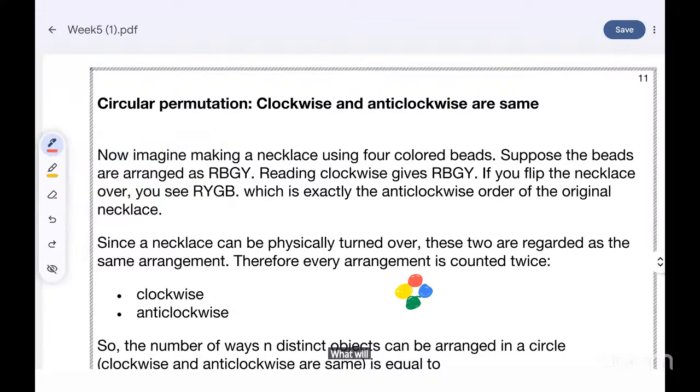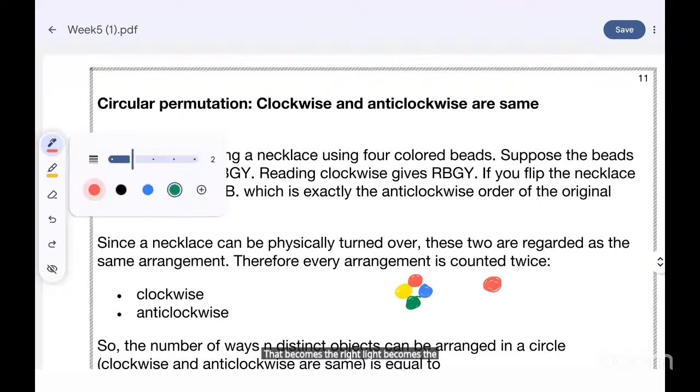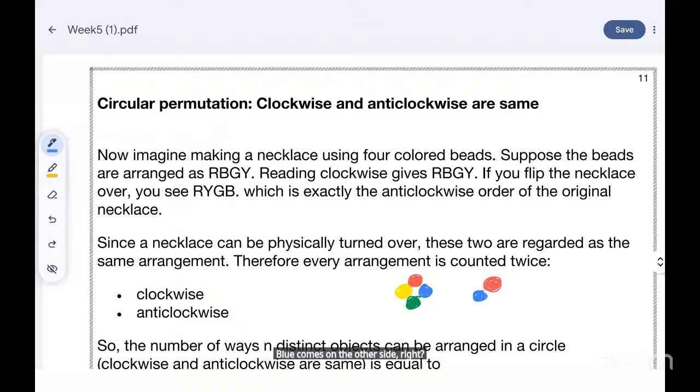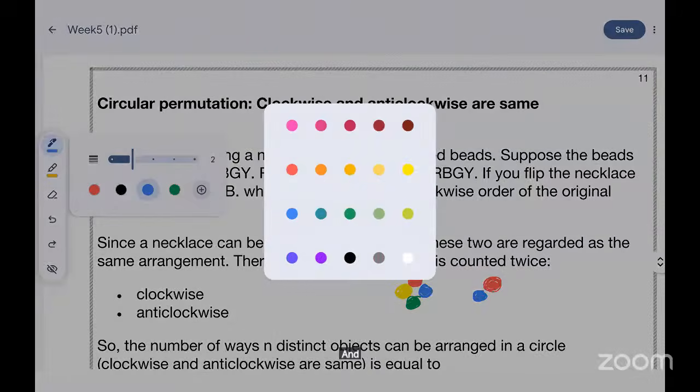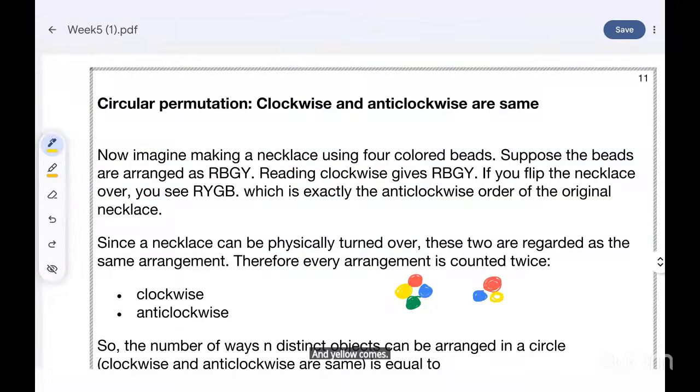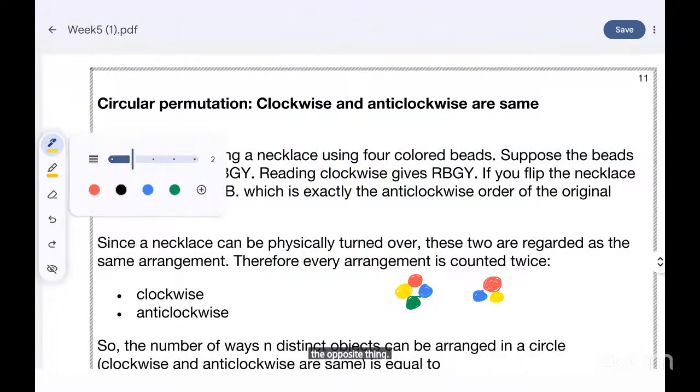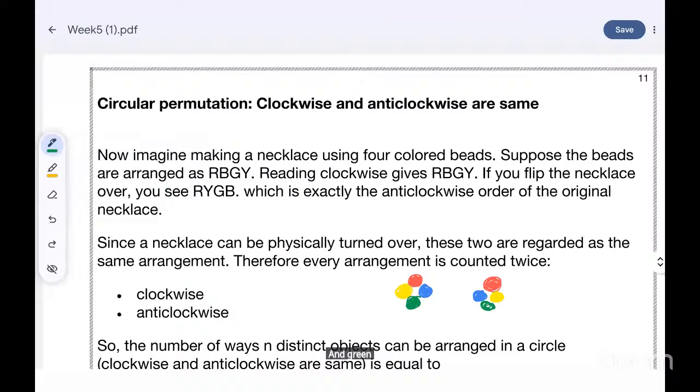What will happen to their position? So this is red, left becomes right, right becomes left. Blue comes on the other side, right? And yellow comes to the opposite side. And green stays. So flipping the bead, this is what happens.